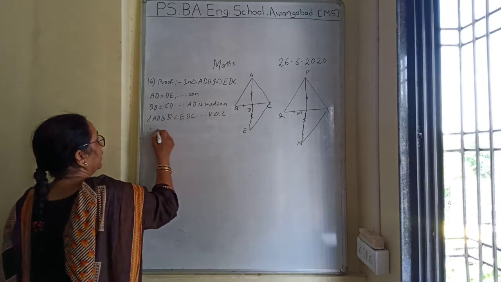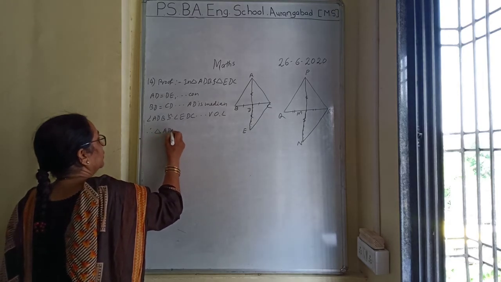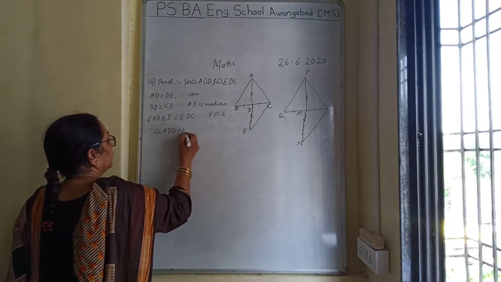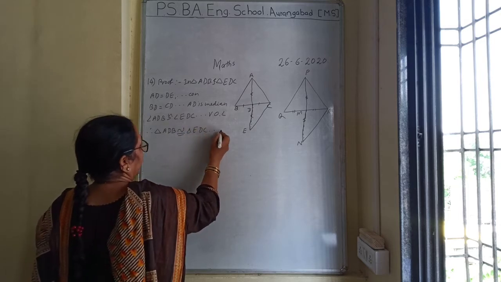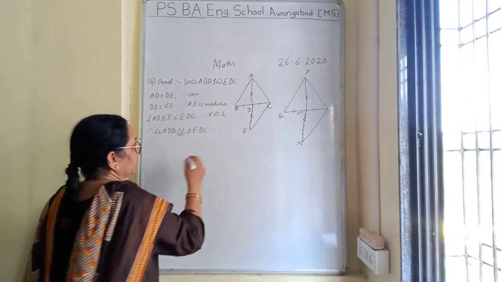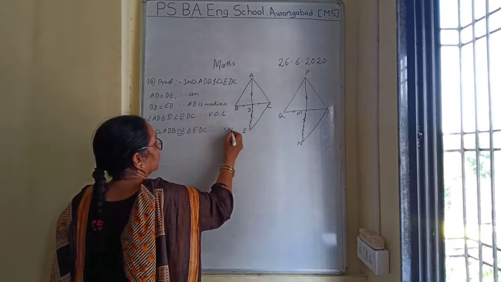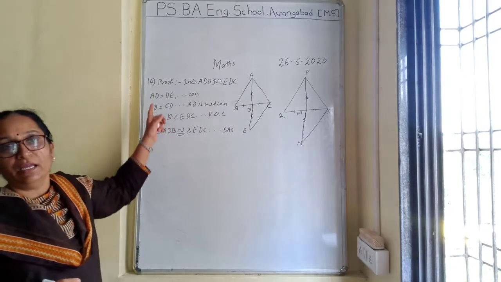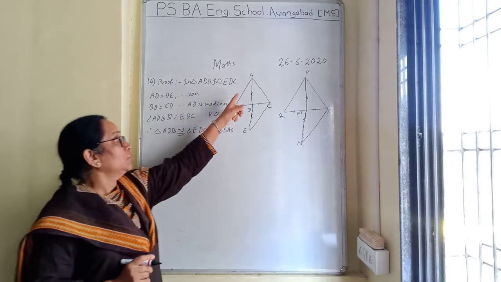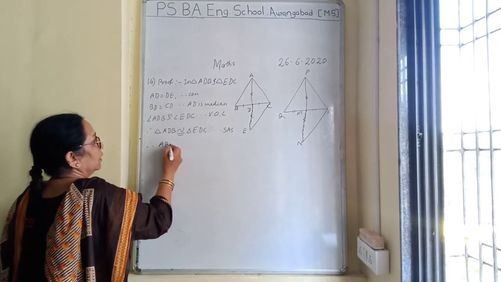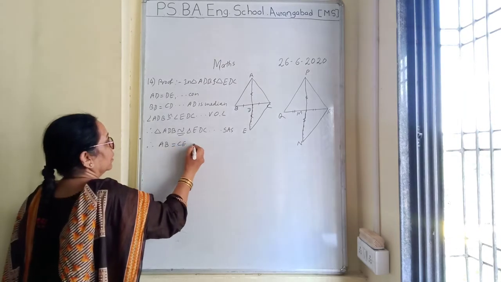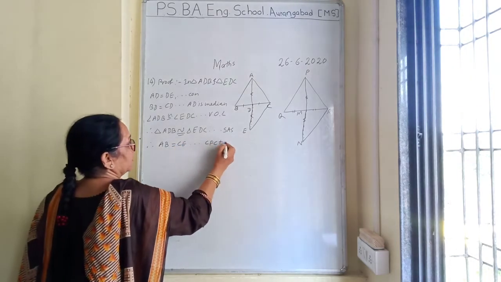Therefore, triangle ADB is congruent with triangle EDC, and reason will be SAS, side, angle, side. Correct? So here, therefore we get AB is equal to CE. Reason will be CPCT.